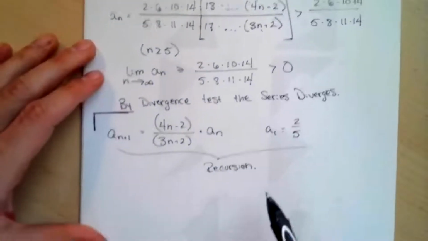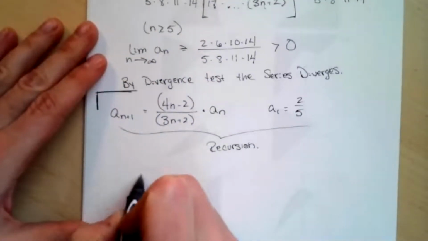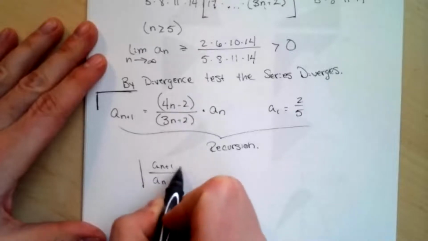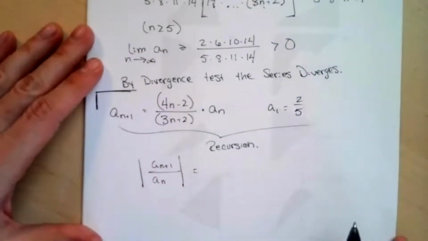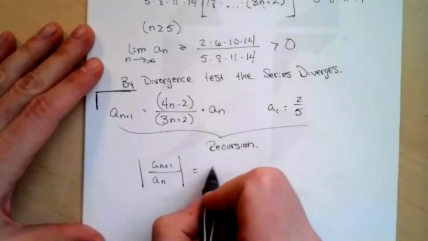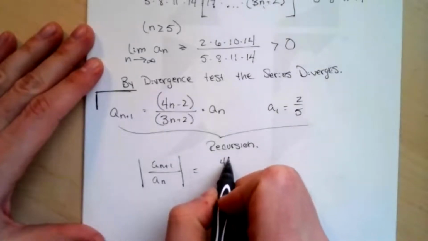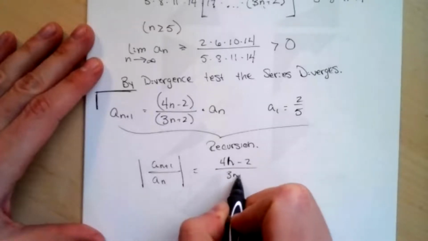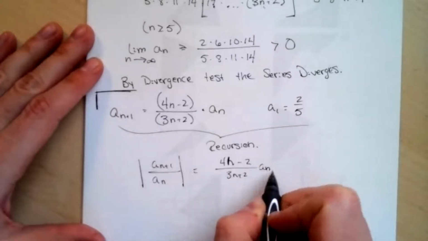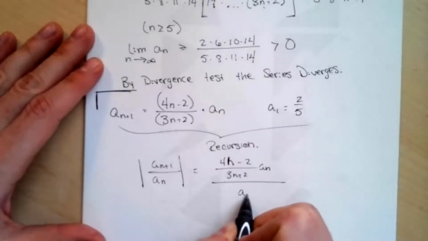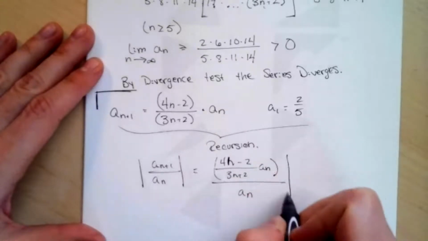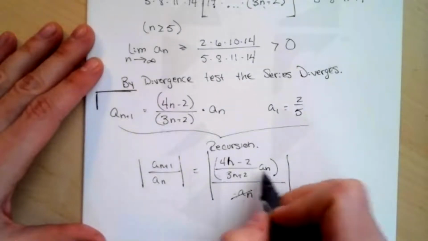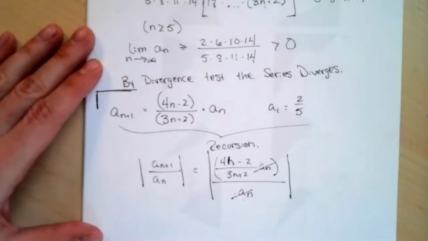And in this case, as you were saying, we could do a ratio test defined by the a_n recursion. a_(n+1) over a_n is (4n minus 2) over (3n plus 2). And nicely enough, with a recursive formula, the a_n's are going to cancel.